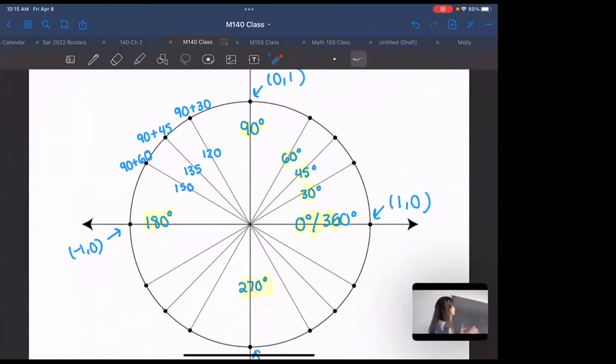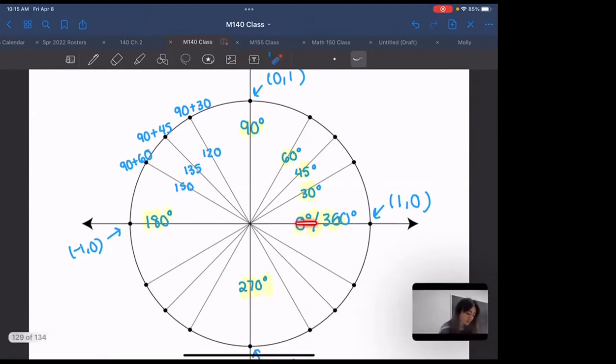I think the most important angles on the unit circle are the 0, the 90, the 180, 270. And then these 3 angles here, 30, 45, 60. These are the important ones that you probably will have to memorize. Now, if you don't feel like memorizing, there are some ways to remember what these angles are.